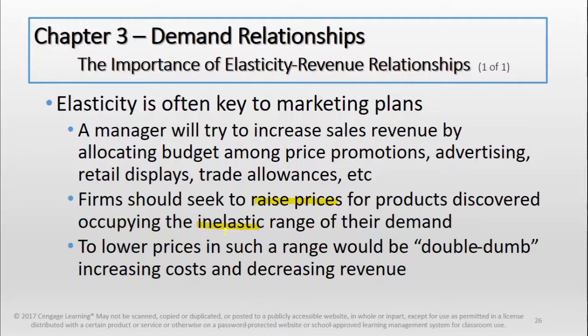Now, to lower prices in such a range would be a double whammy, meaning increasing cost and decreasing revenue.